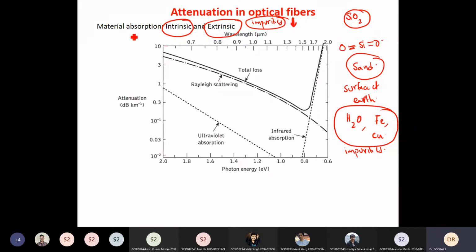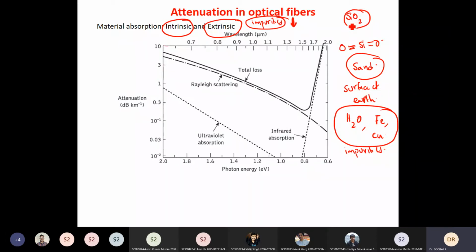The material absorption could be intrinsic absorption, or it could be extrinsic absorption. Intrinsic absorption is because of the presence of the intrinsic material. As you know, optical fibers are made out of silica, or silicon dioxide, SiO2: one atom of silicon and two atoms of oxygen.